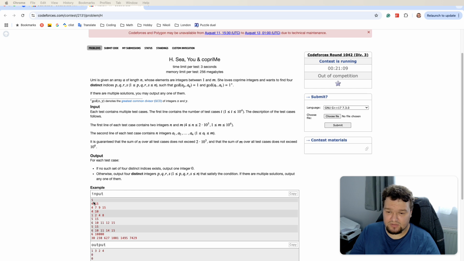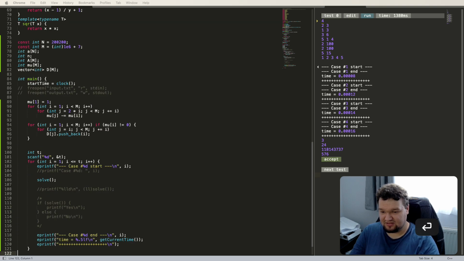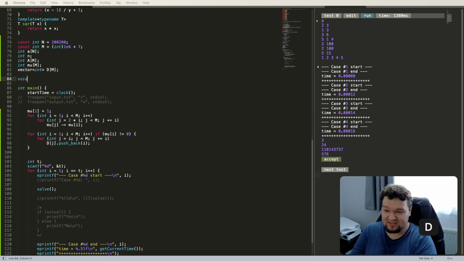Multitask, right? And I need to be a bit careful. Well, actually, no. I don't need the fact that the sum of m is up to 1,000,000. And I guess I can just write a solution that doesn't use that.